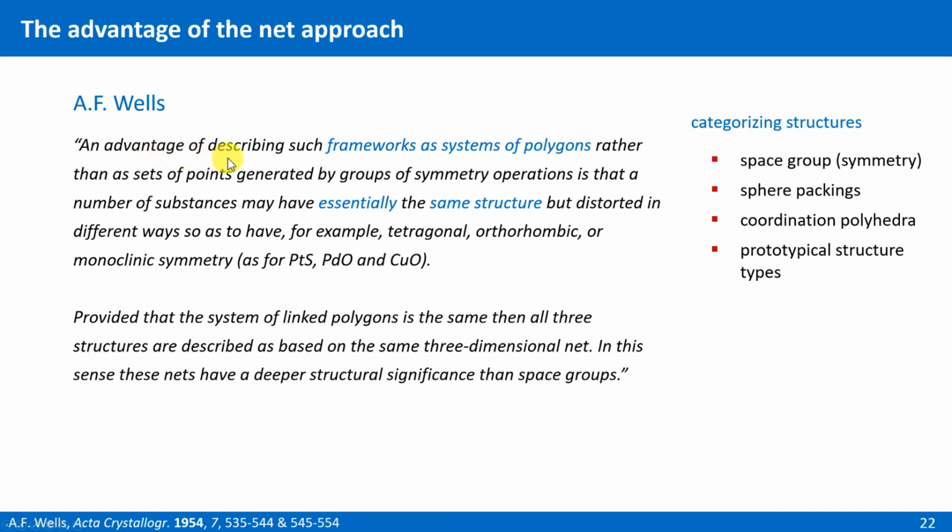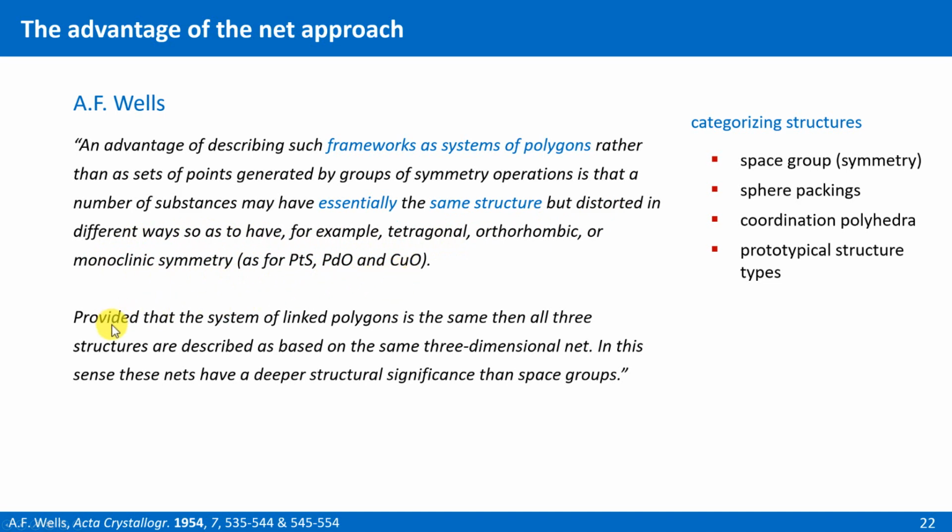An advantage of describing such frameworks as systems of polygons, and these are the rings, rather than as sets of points generated by groups of symmetry operations is that a number of substances may have essentially the same structure, but can be distorted in different ways so as to have, for example, tetragonal, orthorhombic or monoclinic symmetry, for instance for these three compounds, platinum sulfide, palladium oxide and copper oxide.